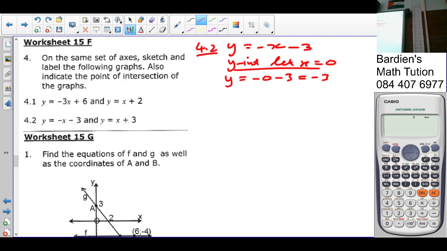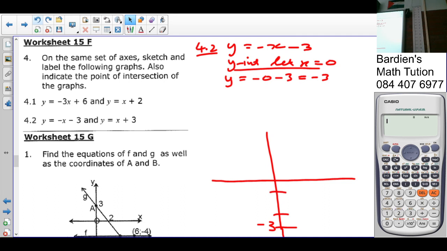If I draw the graph, there's negative 3. It's going through negative 3 there.